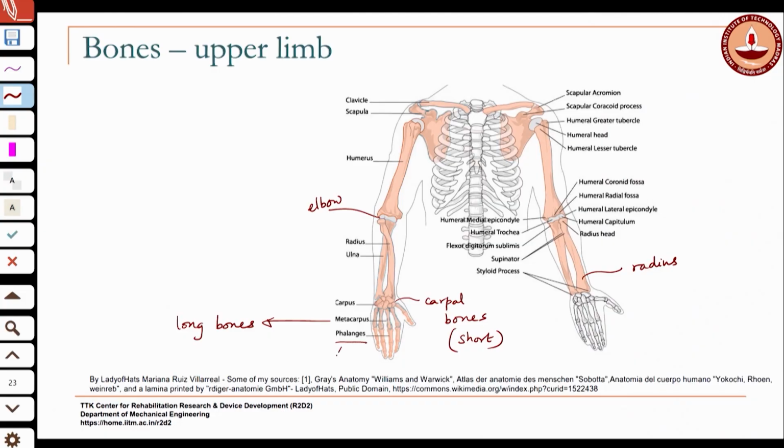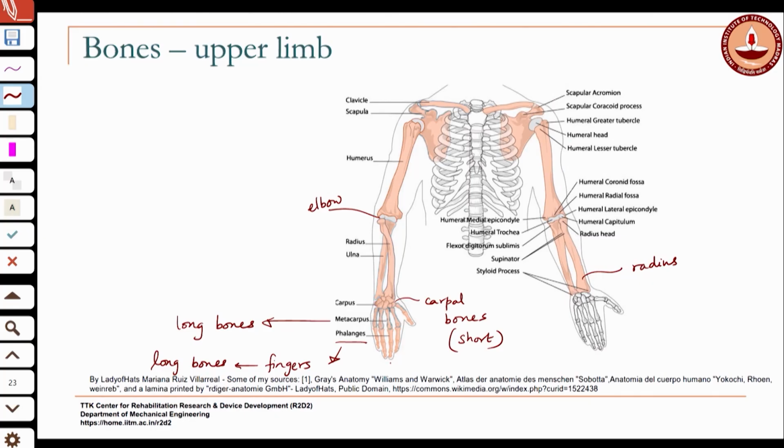And then the fingers are your phalanges. These are your fingers, and these are also long bones. Of course, the most distal phalange would be more like a short bone. The distal phalanges would be short bones because they are not longer than they are wide.